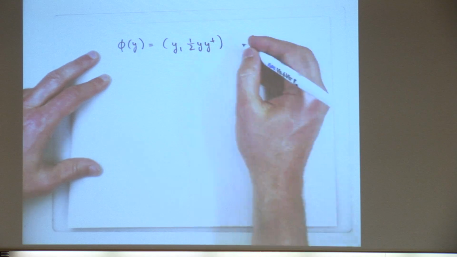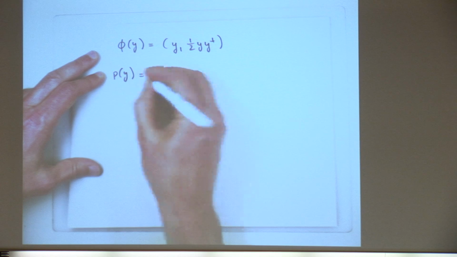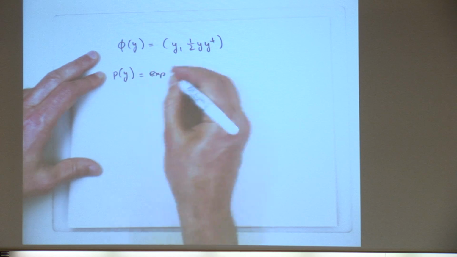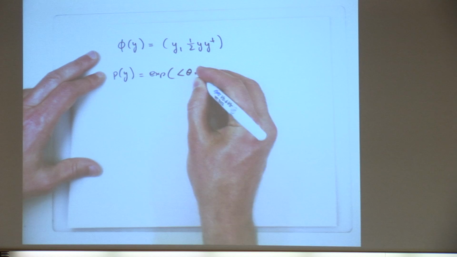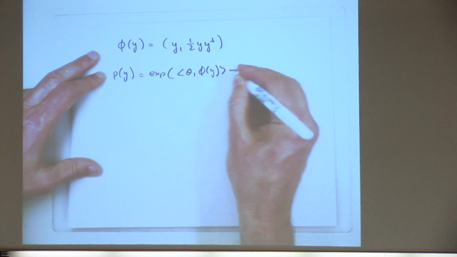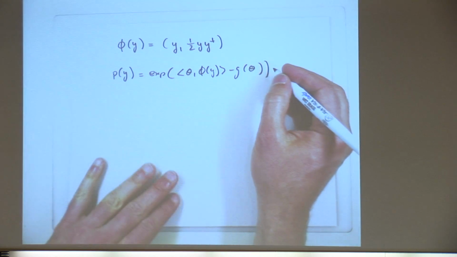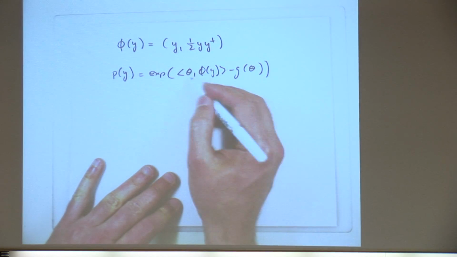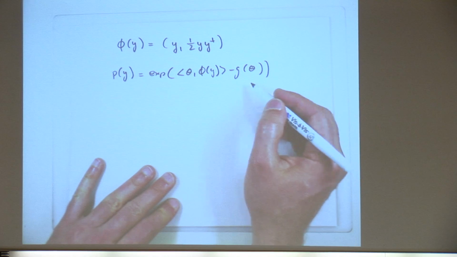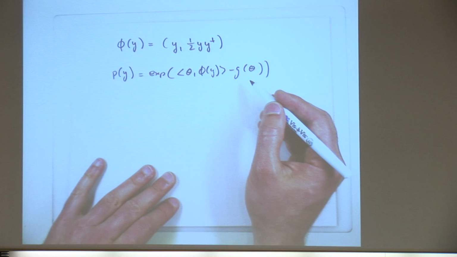These are sufficient statistics, and so p of y is just exp of the inner product between theta and phi of y, minus g of theta. If you plug these terms in here, you get a quadratic in the exponential. If you pick the right theta, it all integrates out, otherwise it diverges.